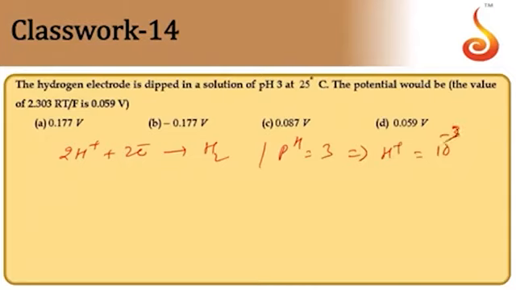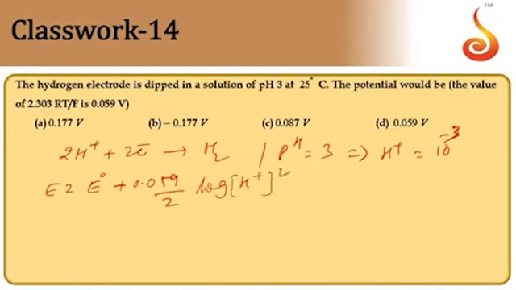Now applying Nernst equation, E is equal to E naught plus 0.059 by 2 into log of hydrogen ion square.